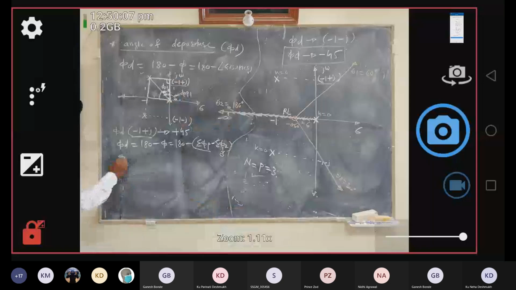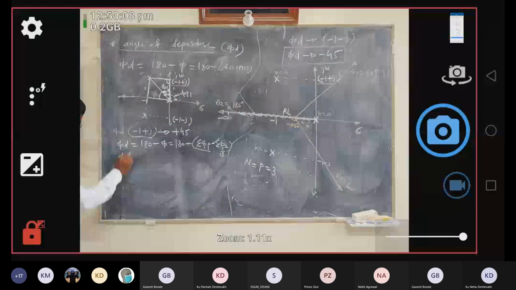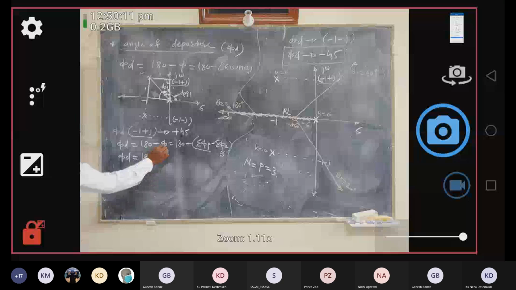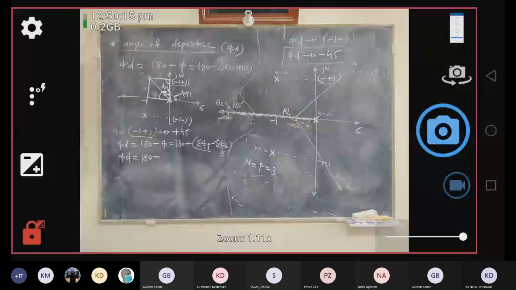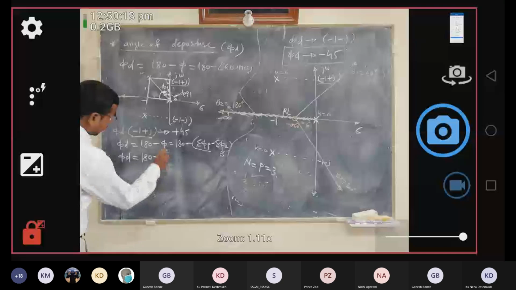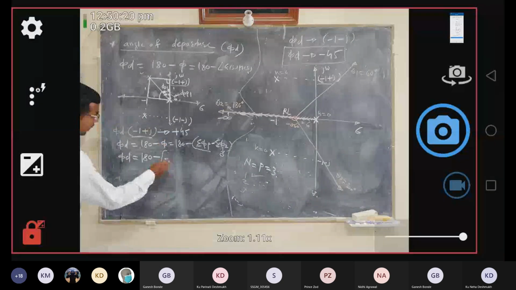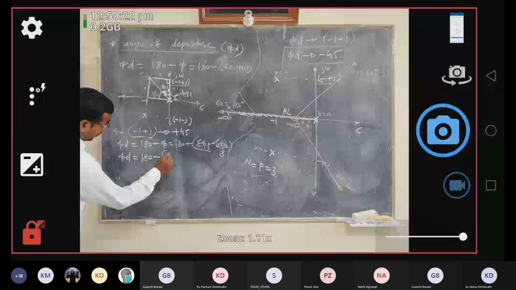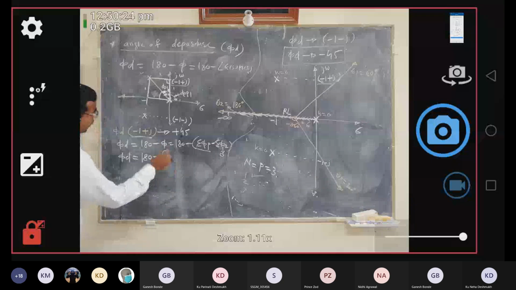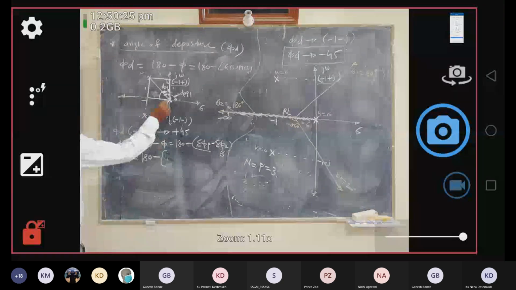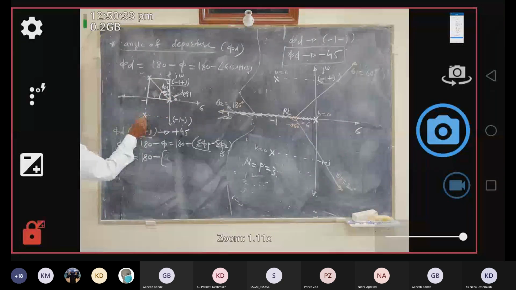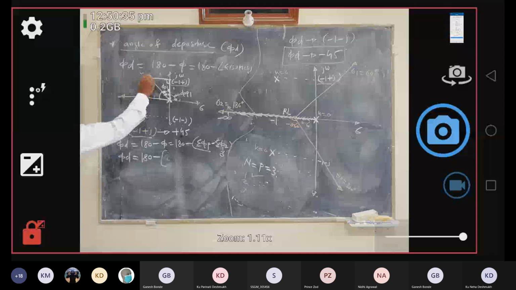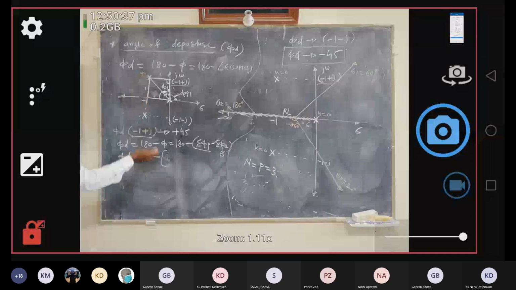So here we are determining phi d. So it is 180 minus phi, where phi is the summation of phi p minus the summation of phi z. Here I have left this pole, but we have to consider this pole also while contributing to phi d.